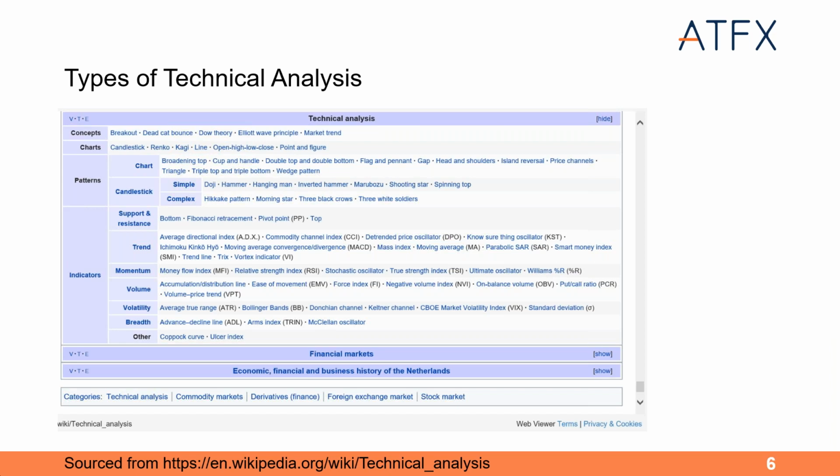Okay, so those chart patterns can be used for directional bias, and they can also be used as ways of gauging where price might go next. And then in terms of patterns, we also have candlestick patterns. And those can be things like dojis, hammers, hanging man, shooting star, spinning top, morning star, 3 black crows, 3 white soldiers.